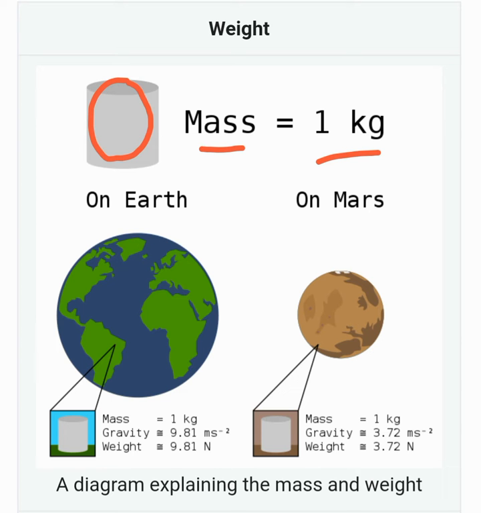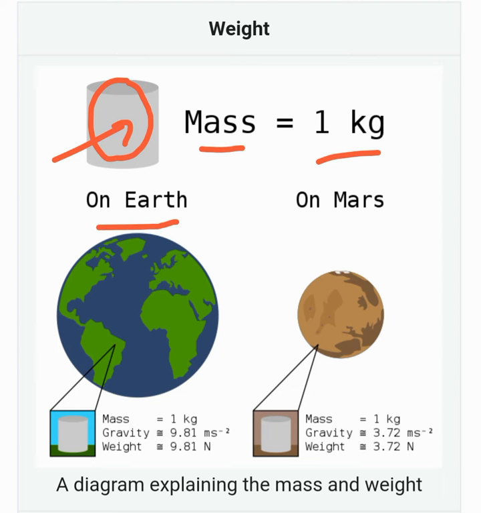Mass is determined by the volume multiplied by the density of that object, and weight, as I said, is the force acting on that object due to acceleration or gravity.